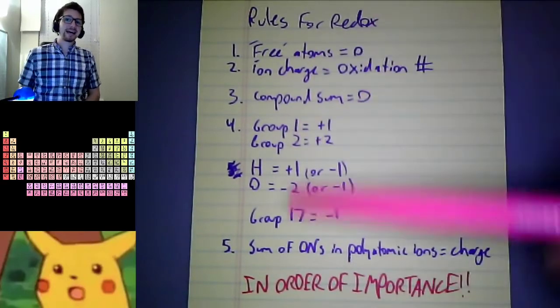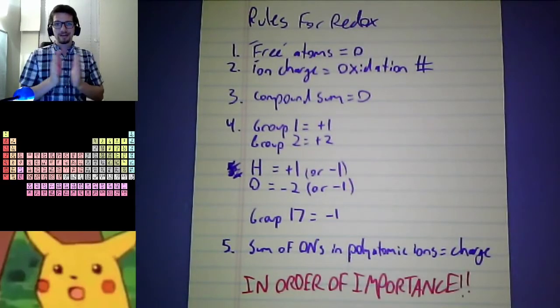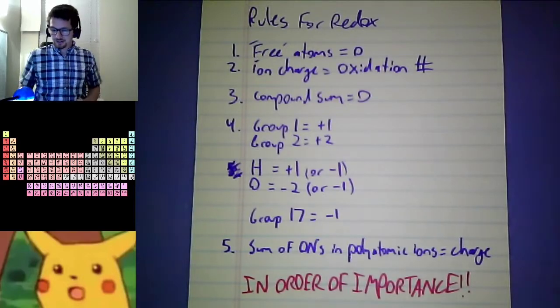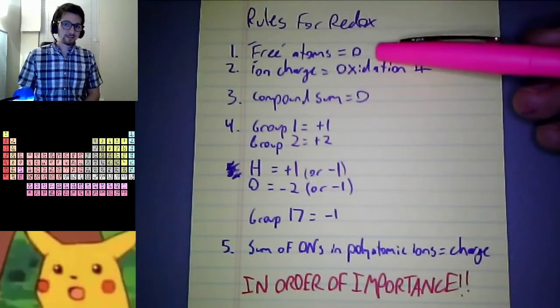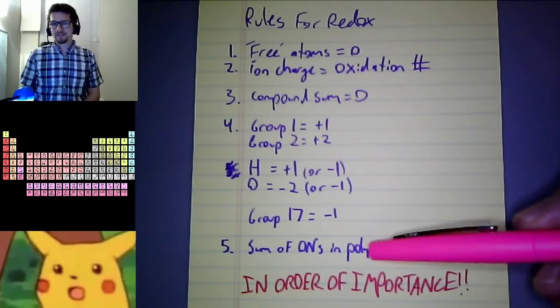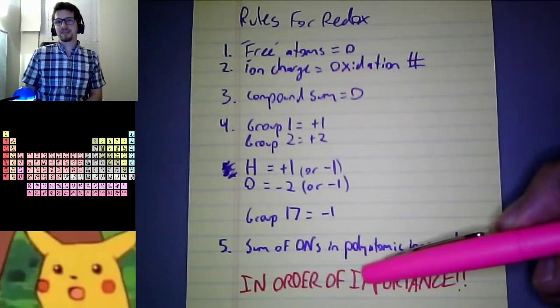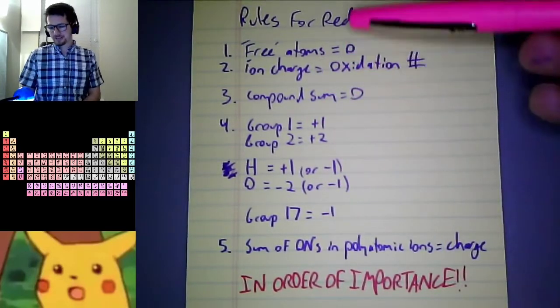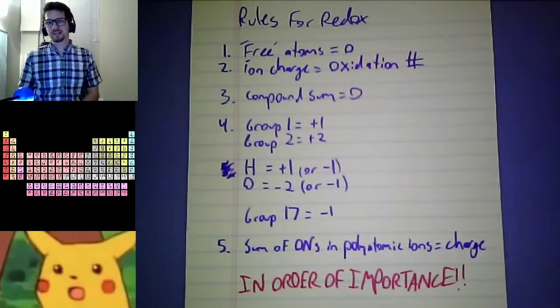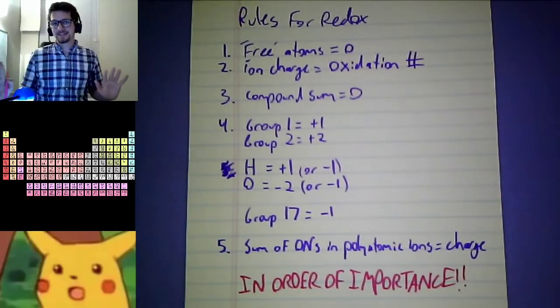I want you to have these written down because they are so important, especially to know that these are listed in order of importance. If you find number 1 in a problem, and then you find number 5, number 1 is more important than number 5. And you'll find that sometimes these steps disagree with each other, so you got to take the first ones more seriously than the last ones. That sounds like a mess of words right now, but I promise it's going to make sense.